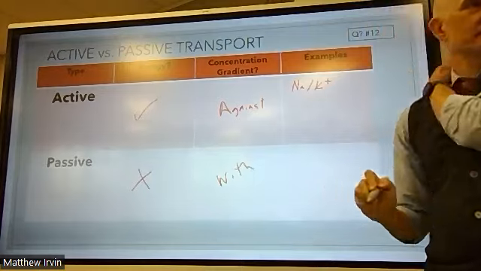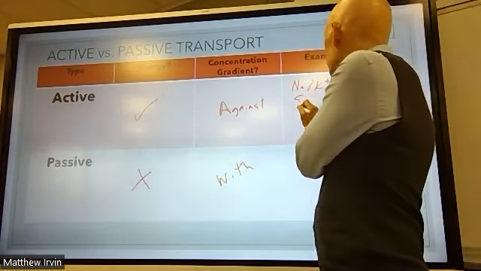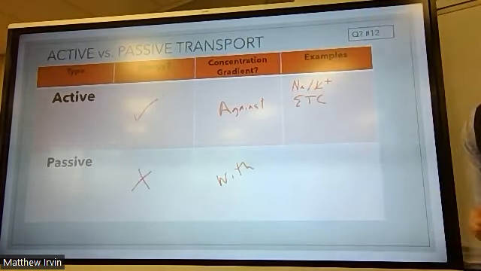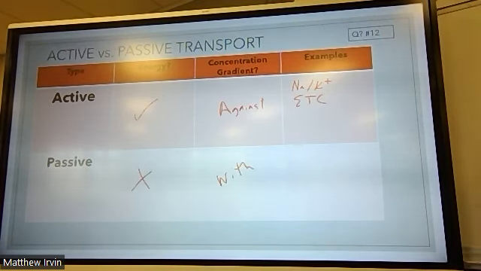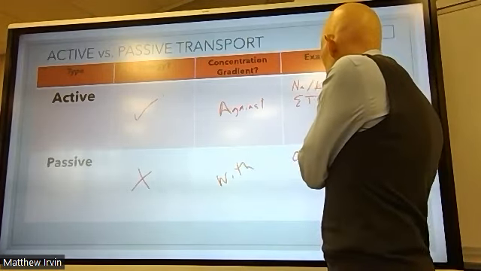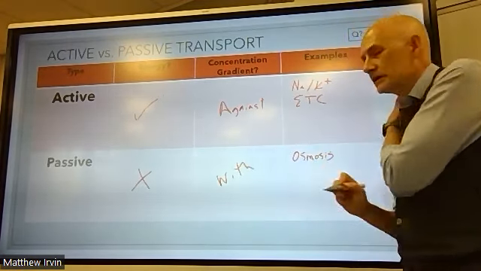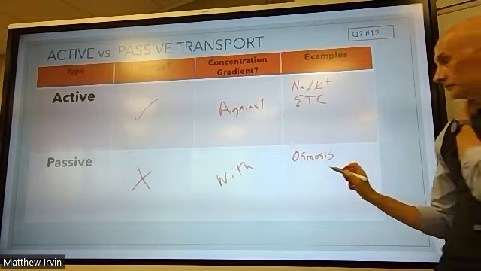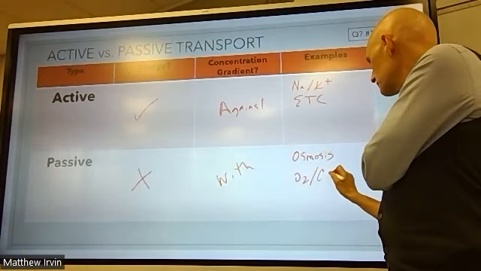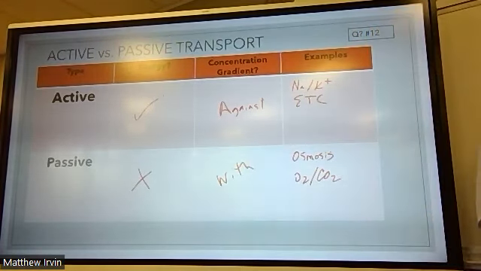What else? Passive transport. Examples, osmosis. What else?